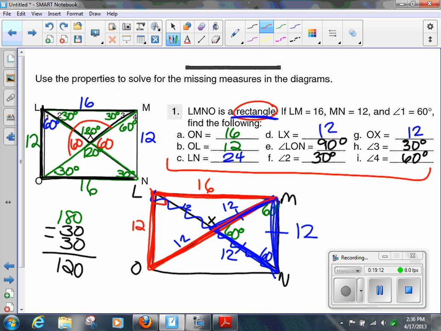A right triangle, where one leg was 12 and the other leg was 16, and I wanted to find the hypotenuse, which was OM. How could I do that? What theorem that only deals with right triangles could I have used to find that one length OM? Think.